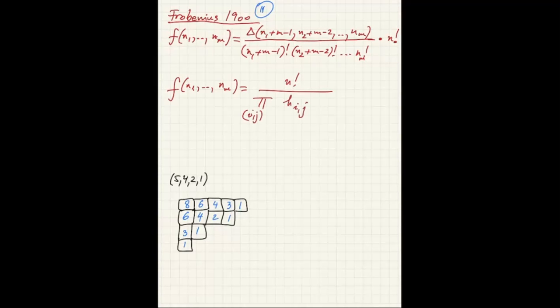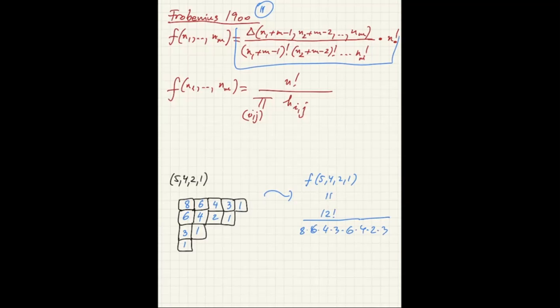So for our problem here, the number of these tableaus of shape 5, 4, 2, 1 will be 12 factorial divided by the product of these hook lengths, 8 times 6 times 4 times 3, 6 times 4 times 2 times 3, which is also the same as the formula that we have here with the Vandermonde determinant.